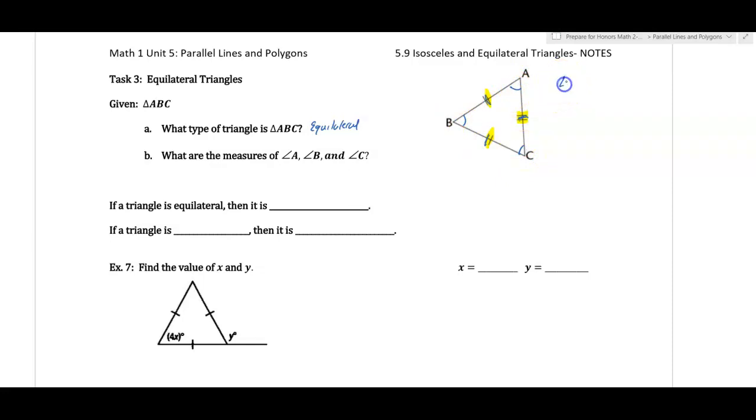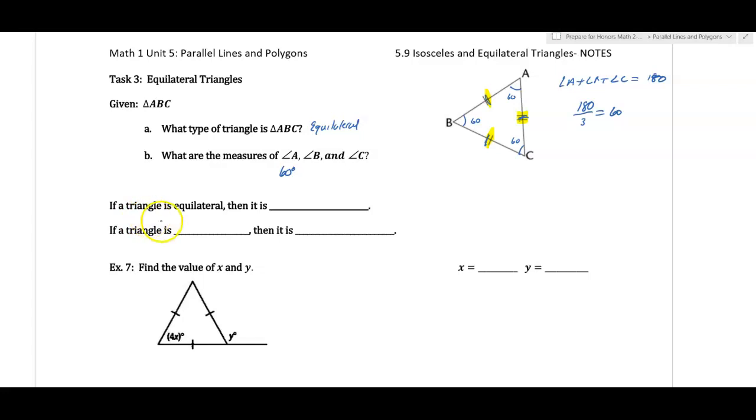And if angle A plus angle B plus angle C all have to add up to 180, and they're all congruent, I know each angle would be 180 divided by 3 degrees. So each angle would be 60 degrees. So the measures of angle A, B, and C are all going to be 60 degrees.